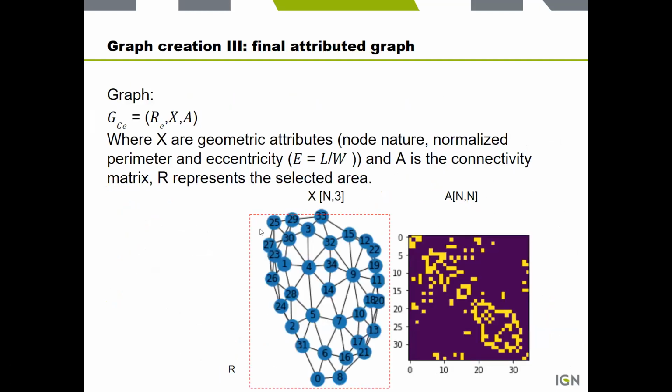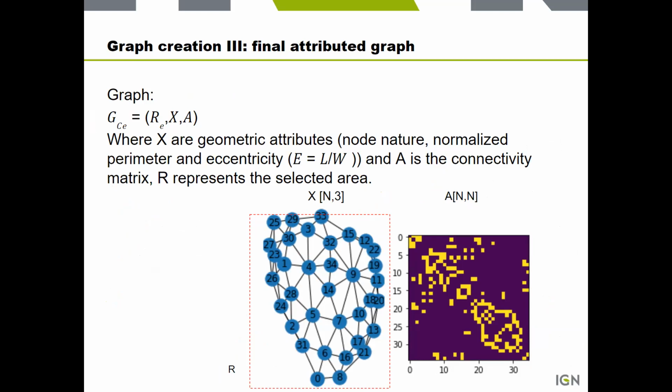Overall, our graph represents an area of 200 by 200 meters with all the geometrical objects located in it. They have two geometrical attributes, such as a normalized perimeter of the geometrical object and elongation, like its length divided by the size of the bounding box.